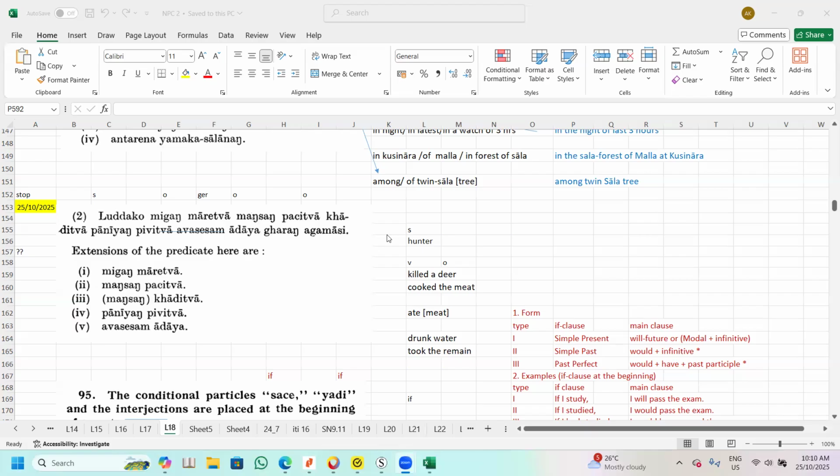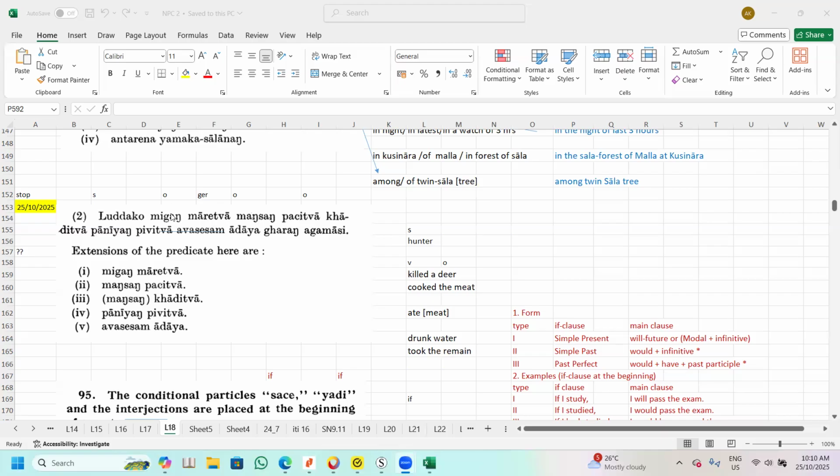What if a single subject is doing more than one action? All the other actions are usually put in gerund form. In this particular case, if you look carefully, this is a Pali gerund.